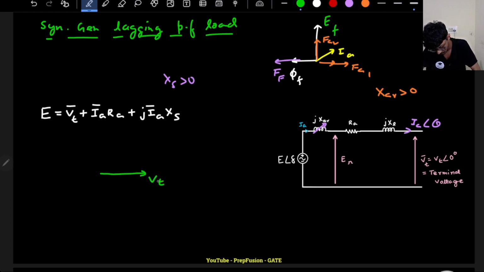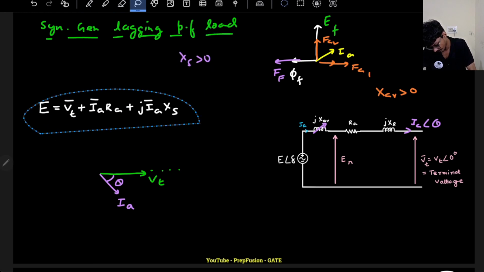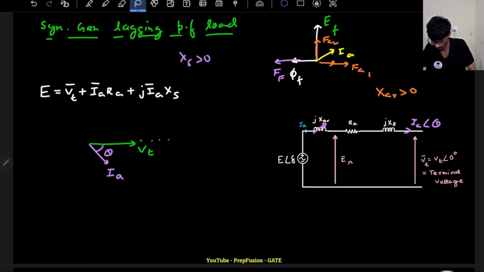VT is at angle 0, this is your reference. As it is a lagging load, the current will lag. This will be your IA. I'm exaggerating it to make the phase angle higher.